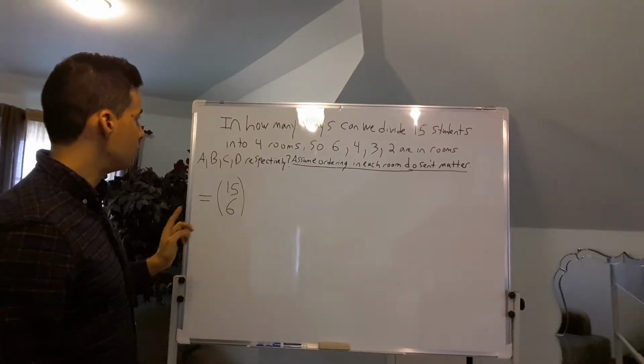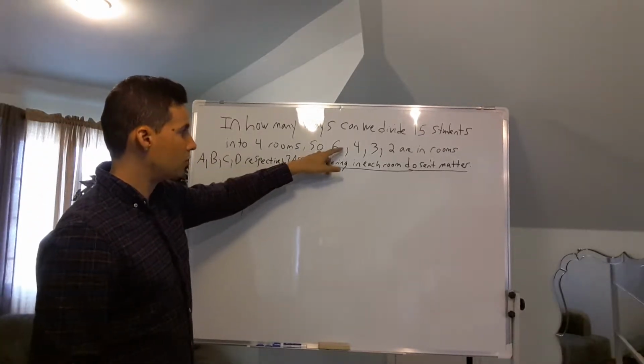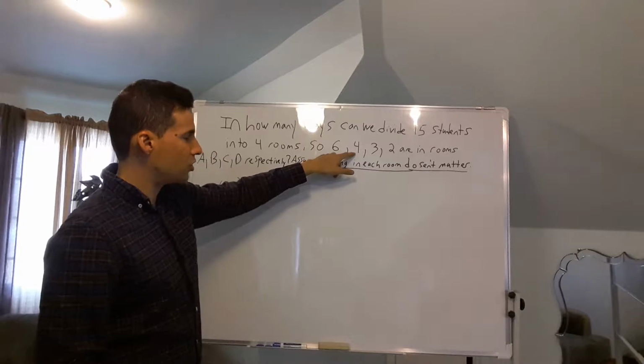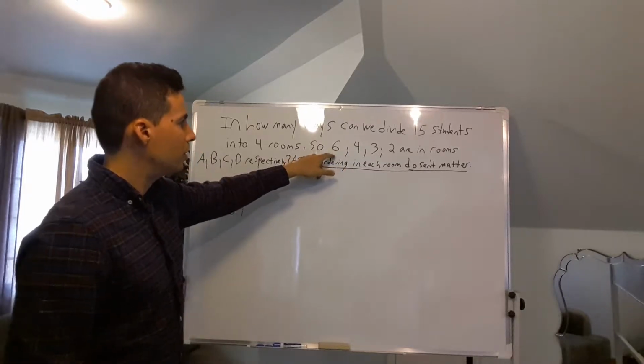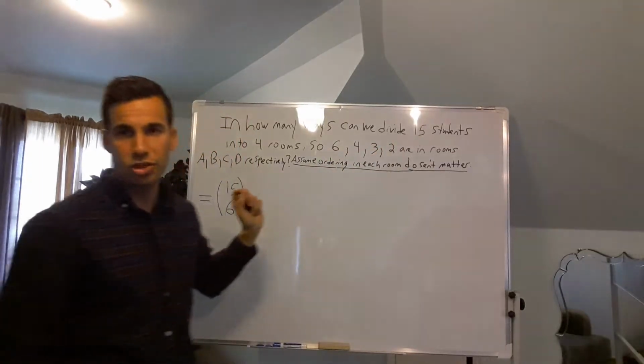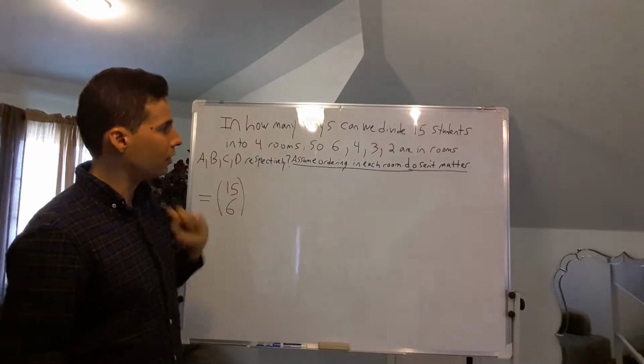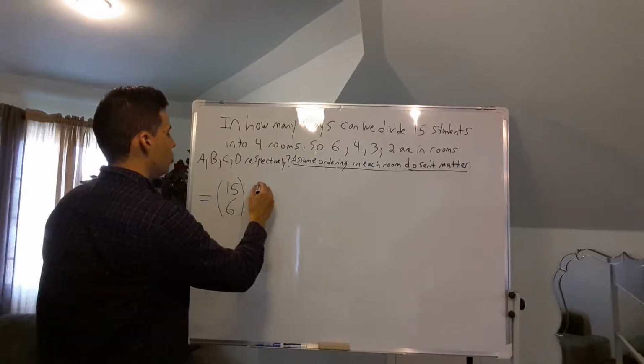Now once we get to the second room, we already have 6 students put there. So we're picking 4 students, but we only have 15 minus 6, which is 9. There's only 9 students left to choose from. We're going to be putting any 4 out of the 9 left. So that's 9 choose 4.